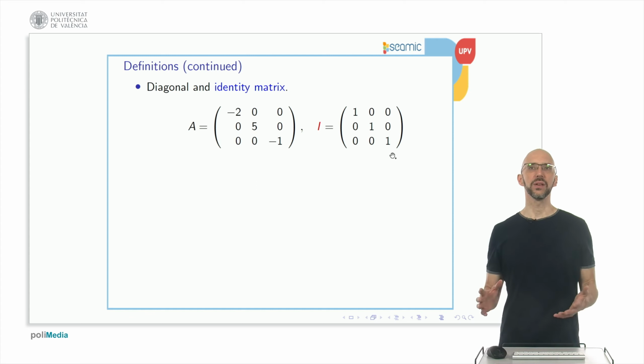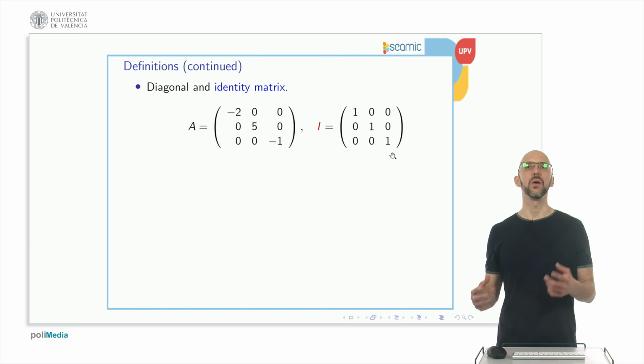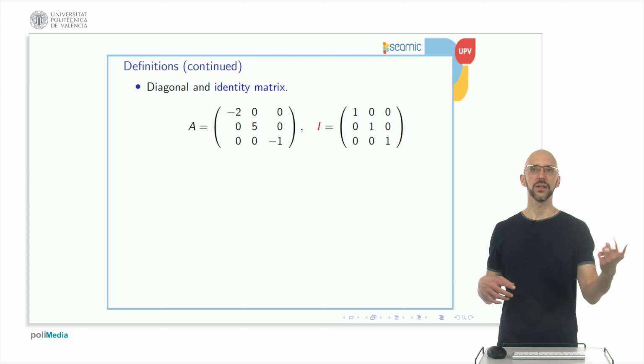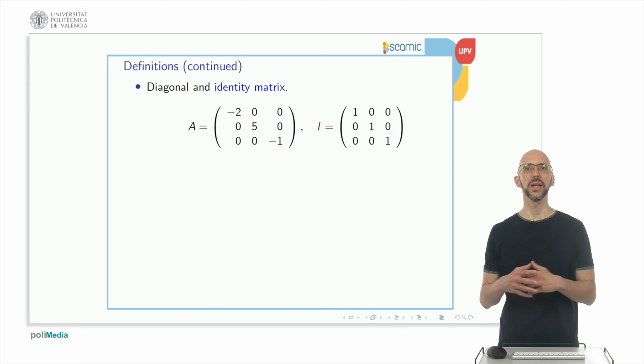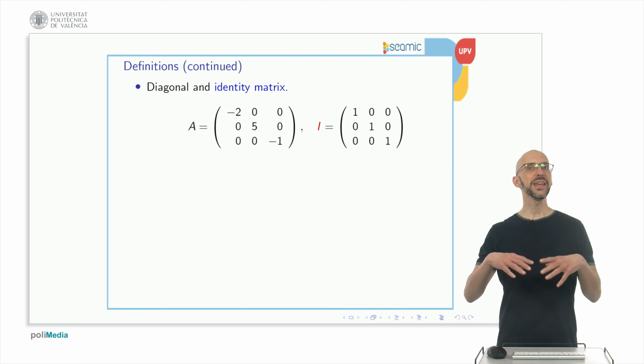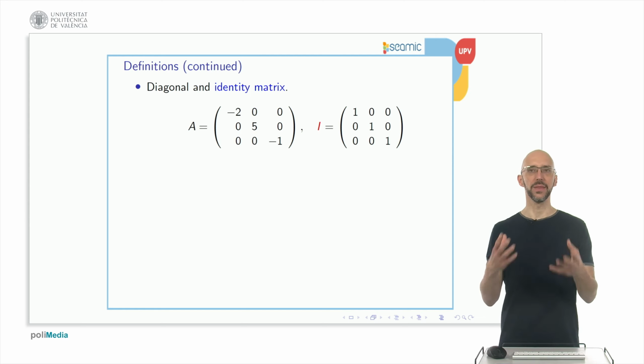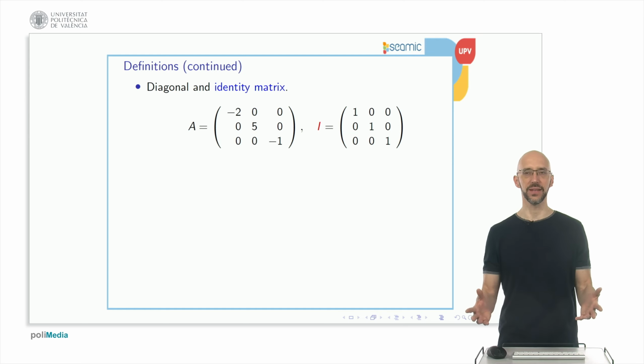And this matrix is the equivalent of the 1 in the real space when we are multiplying numbers. 5 times 1 is 5. 2 times 1 is 2. So, in these cases, the identity matrix is like the 1. Any matrix multiplied by the identity matrix is exactly the same matrix.